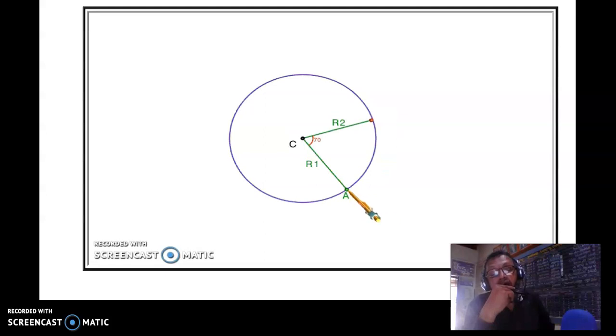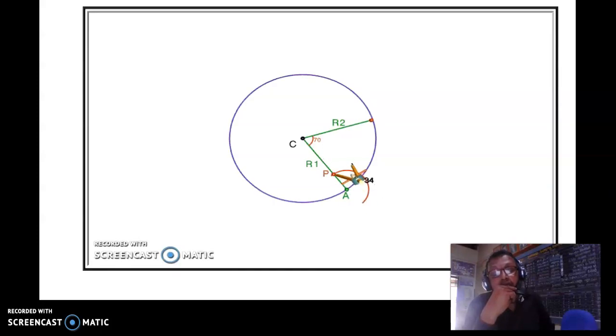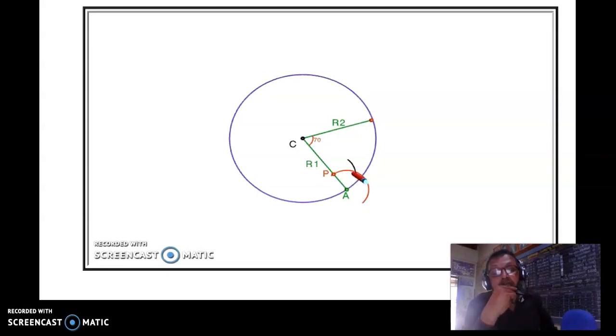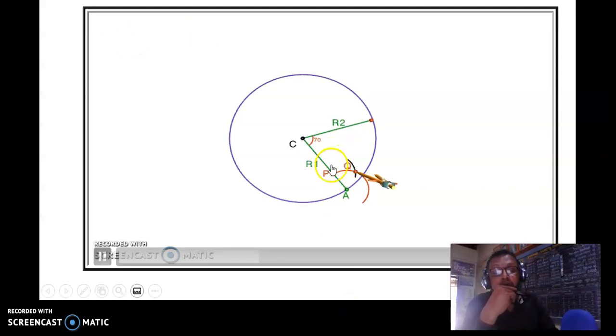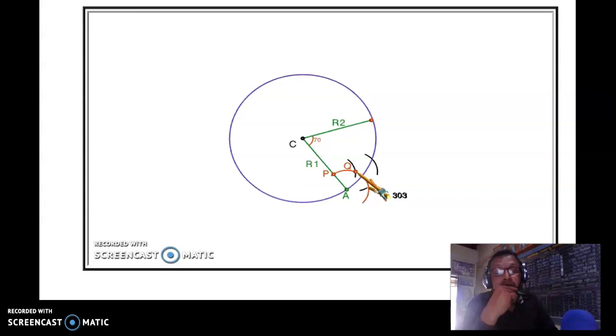Now draw the tangent at A. To draw the tangent, draw a semicircle from the point A with a radius of 1.5 centimeter. Don't change the radius. It cuts the radius 1 at P. Now from P with the same radius, draw another arc on the semicircle which cuts at Q. Don't change the radius.